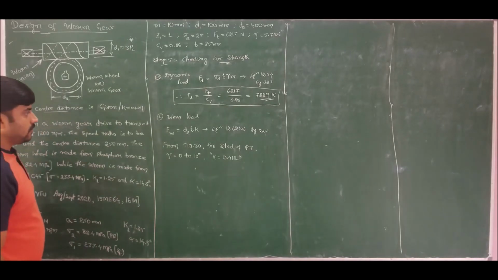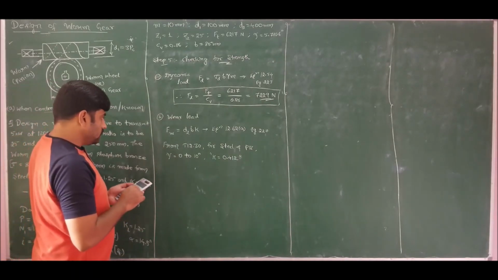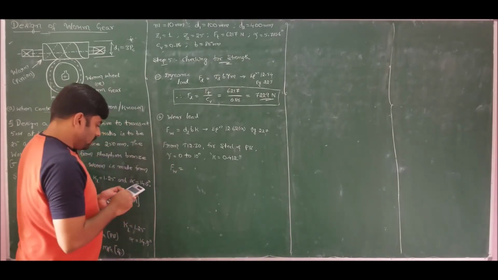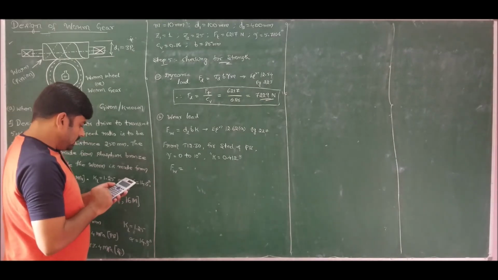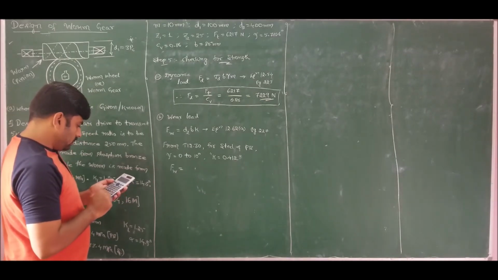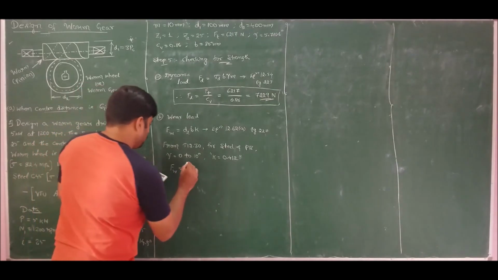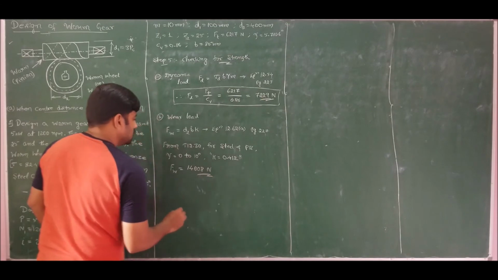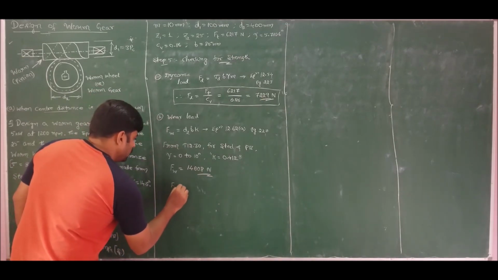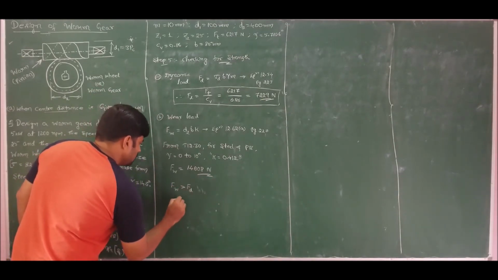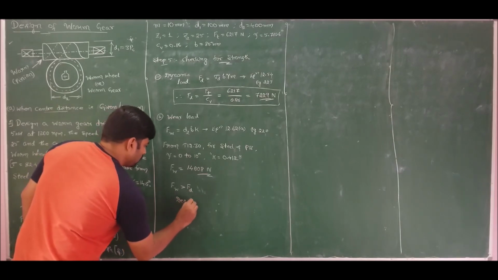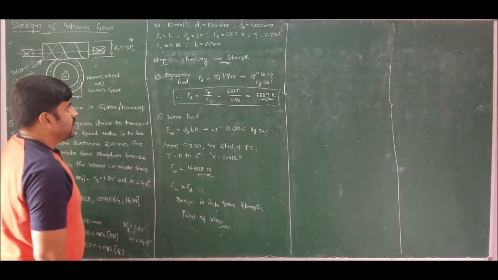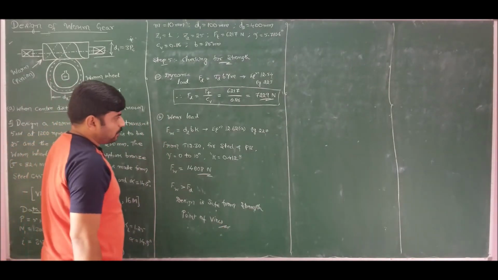So substituting all the values, I will get the wear load for this problem as D2 is 400, B is 85 times 0.412, which is turning out to be 14,008 newtons. Since Fw is greater than Fd, design is safe from strength point of view. So we have verified that the design is safe from strength point of view also.